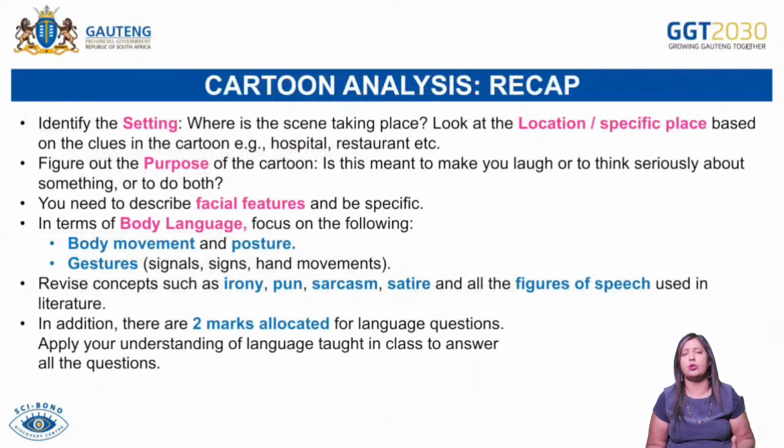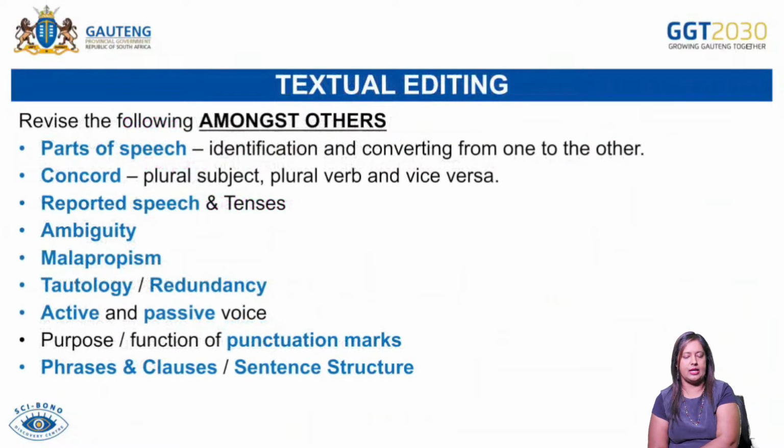Paradox, oxymoron, all of those things can come through when we are testing the cartoon strip. Also look at if there is a mark allocation of 3 marks. Have you given us a comment that is showcasing why that particular image or words being used is appropriate or not? Okay, so that's important for you when you're dealing with the cartoon analysis.